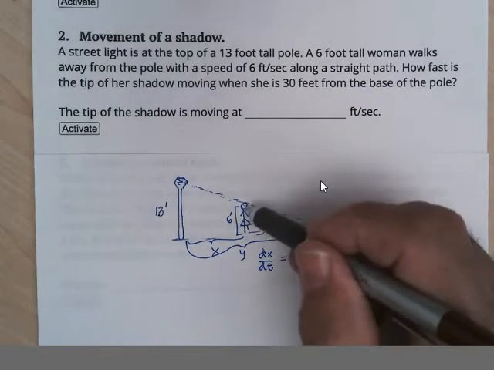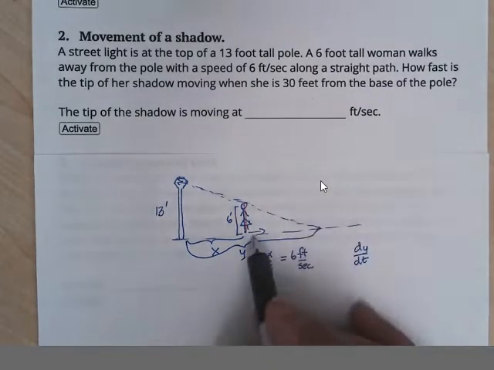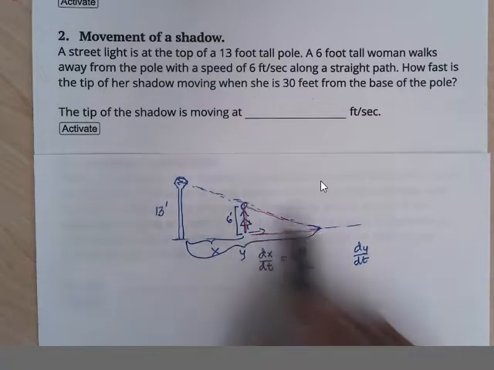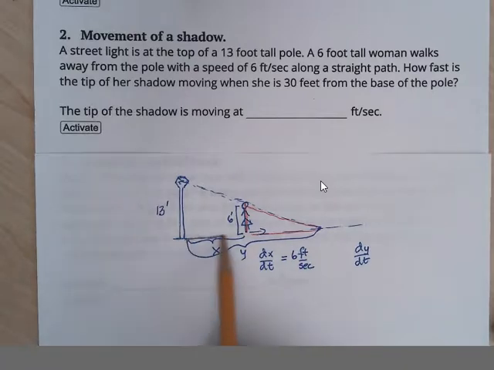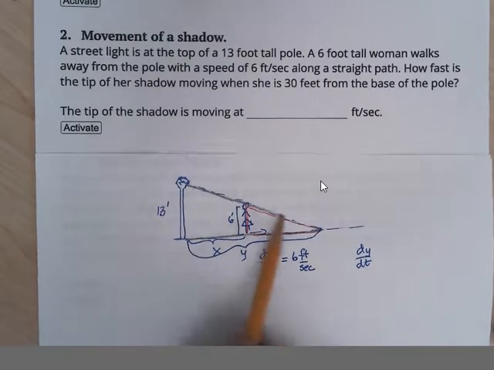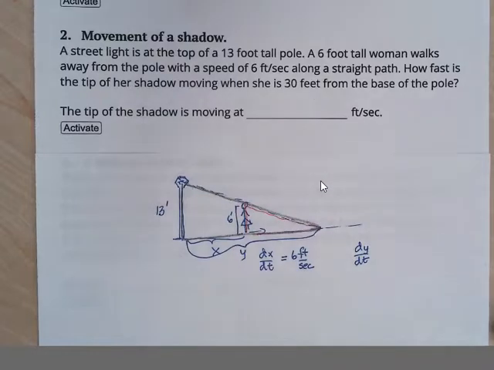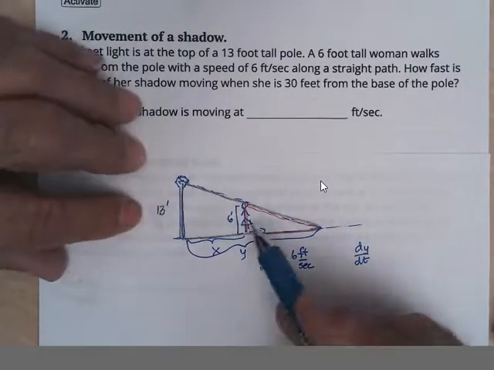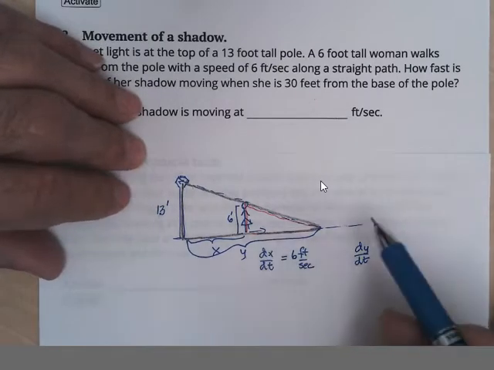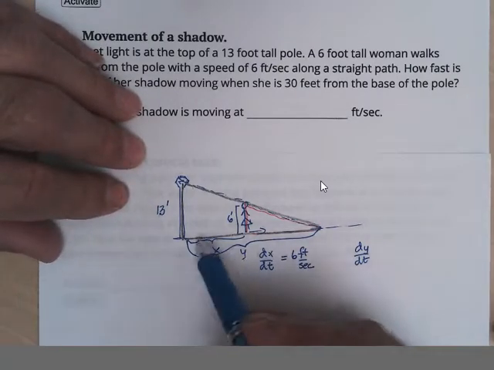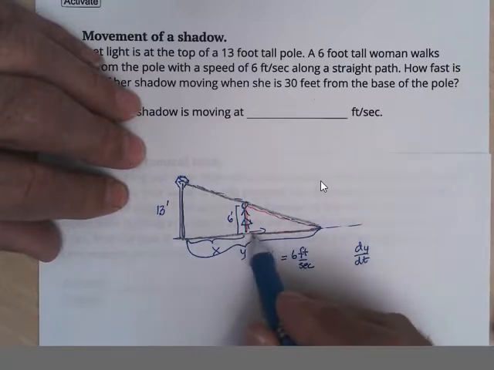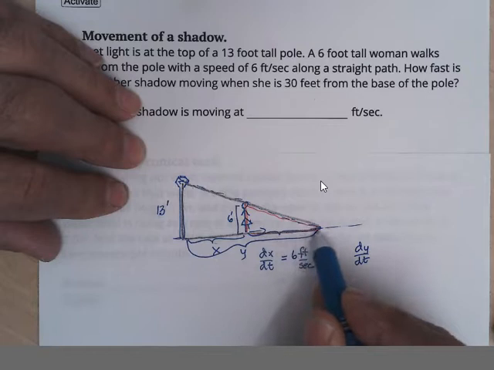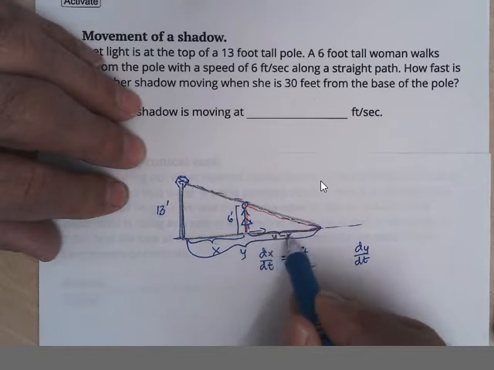Well, it looks like we're seeing triangles. For instance, I see this triangle and a similar one here. So I can set up ratios of sides. Now, my variables are y and x, and neither one of those is directly on the triangle, but this one could be called y minus x, couldn't it?